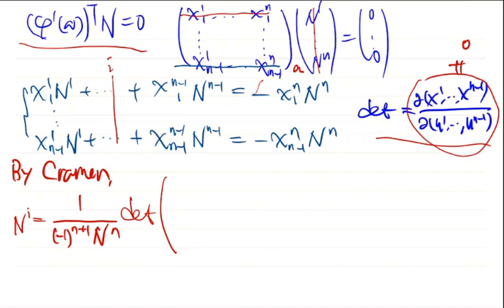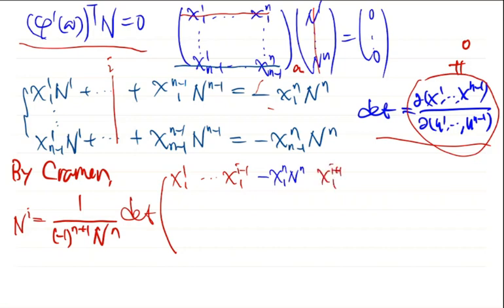Therefore, we have x_{11}, ..., x_{1,i-1}, then the right hand side minus x_{1n} N_n. Then we continue with x_{1,i+1}.